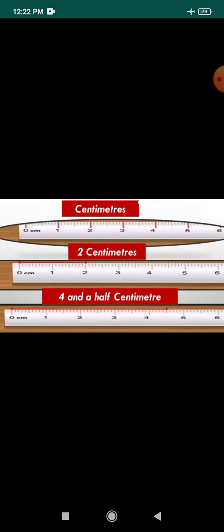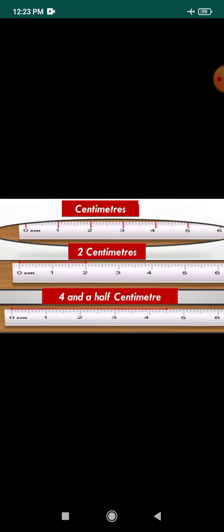Each division here is 1 centimeter. So the longer lines represent the numbers in centimeter, and the smaller lines represent millimeter. Let's see the scale here.